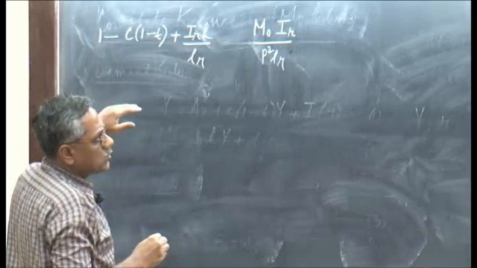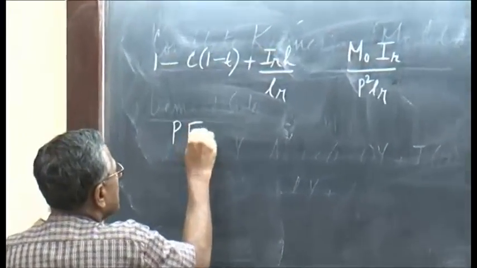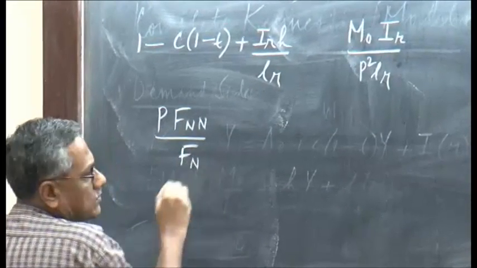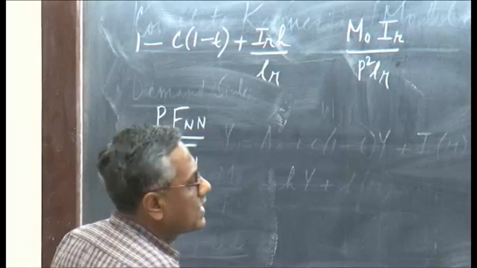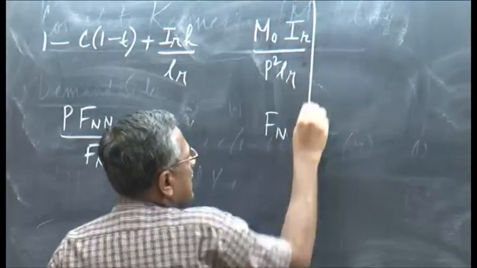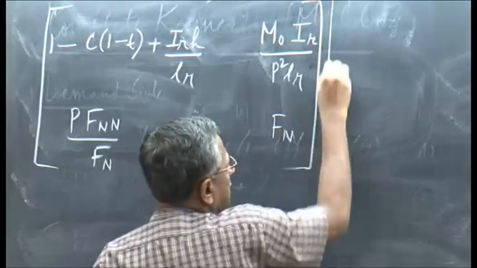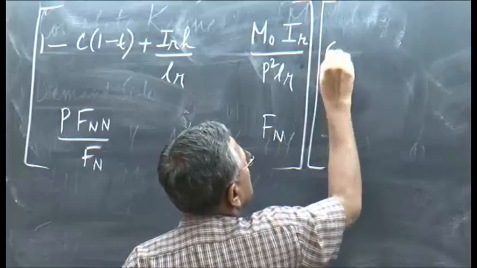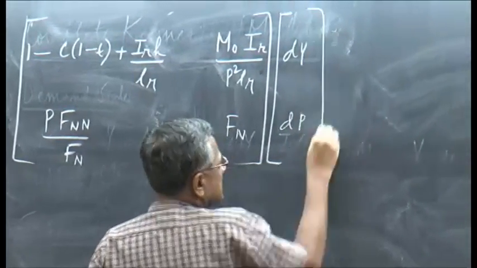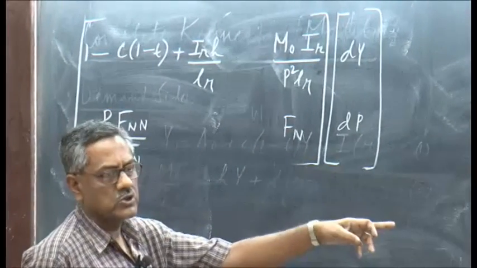From the second equation, dy column has p fnn over fn, I think, p fnn over fn, and dp column has fn. So this is my matrix, which is multiplied by this column vector dy dp. This is how you can use matrix to write the equations.